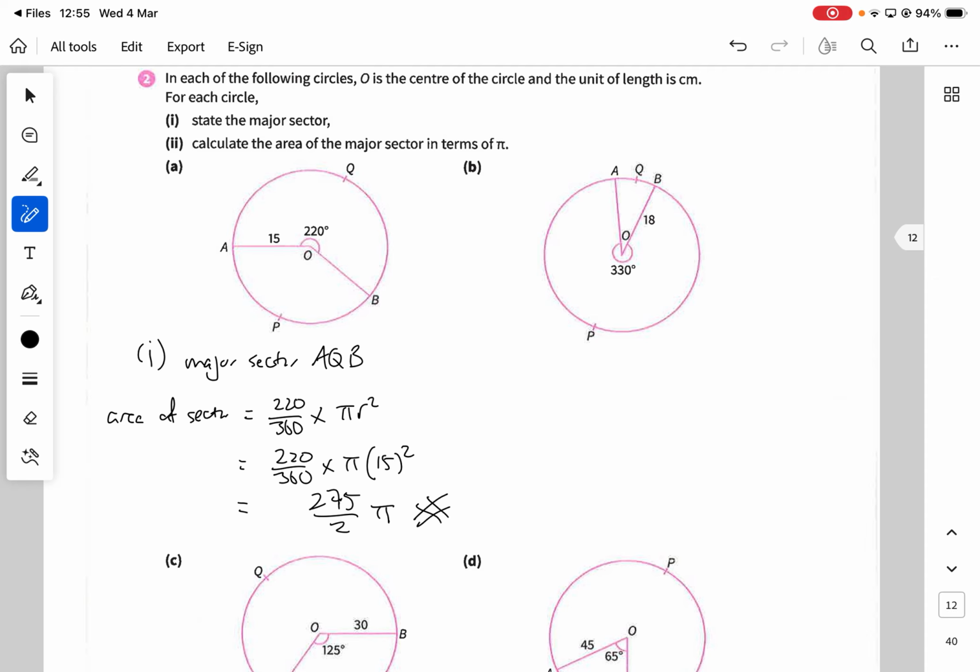Okay? So this one, they want you to first say major sector. The naming is APB. Then area equals 330 over 360 multiply pi 18 square.